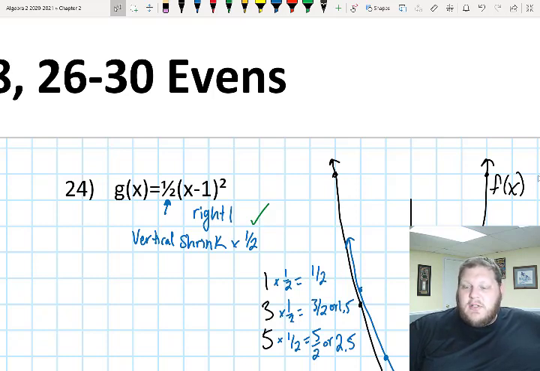I think that's actually a little bit easier, because all you have to do is figure out how it was shifted, because stretching, shrinking, and reflecting does not affect where your vertex happens. It only affects the shape and the direction of that parabola. So that's the only difference on 28 and 30. You do not have to actually graph it. You just need to tell me what the description is, and then what my vertex is.